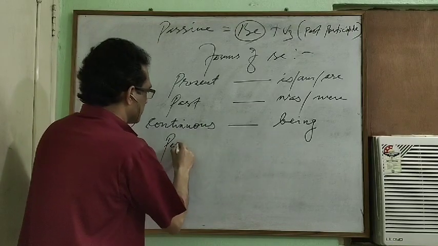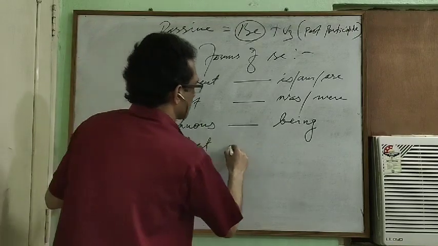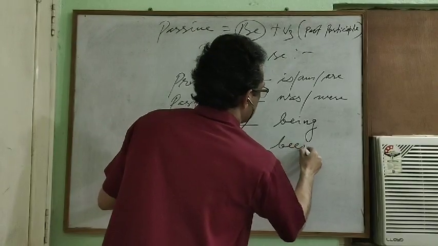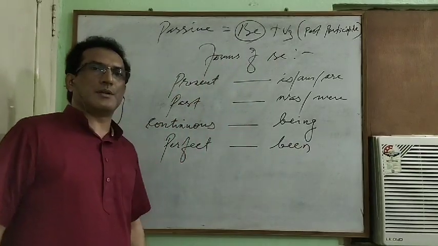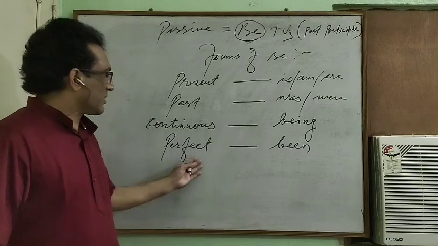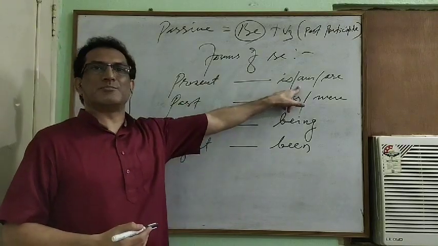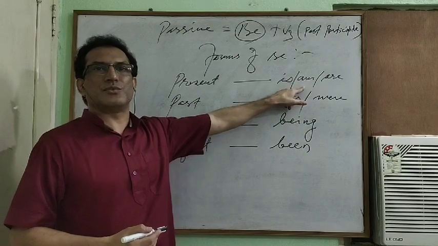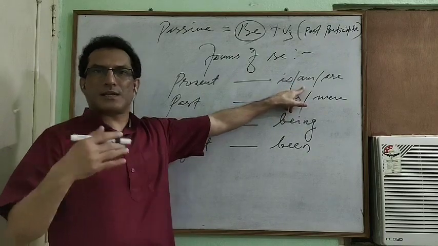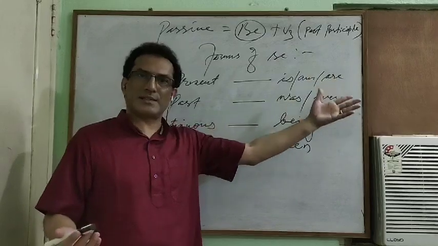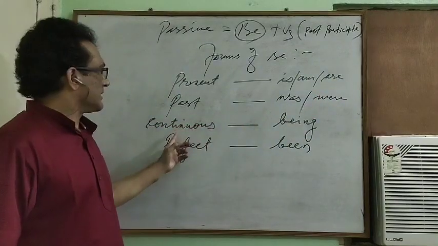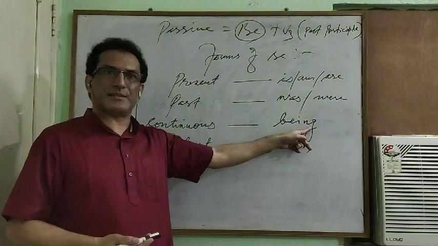And perfect form, been. So you may wonder what are these forms? See, present means simple present tense we form using this form of be. Continuous already is given plus ing form. So in that case we only use being.